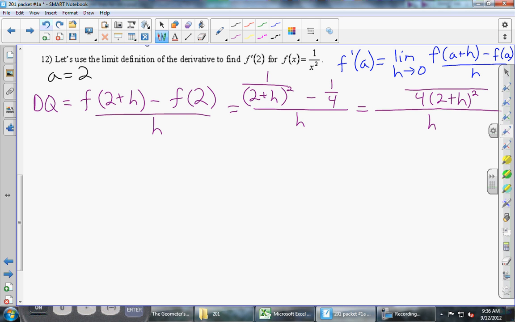You guys have in your mind this kind of idea of crisscrossing, like that 4 needs to go up there and that 2 plus h squared needs to go there? Are some of us with me? We need the right denominator, and let's see. So here is the correct denominator. What is this thing missing?